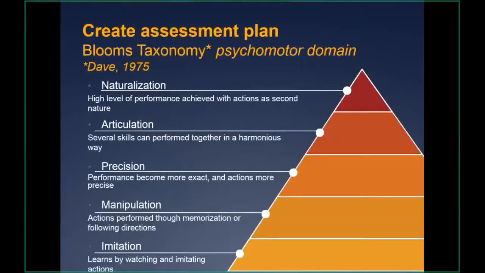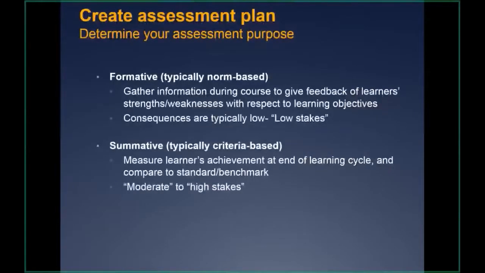And then finally, as they reach the peak of the pyramid, it becomes second nature, hence naturalization. So this gives us an idea of the range of abilities that learners can have as they develop psychomotor skills. And we want to make sure that we are assessing this range fully, depending on what your learner's abilities are in any given moment. Just wanted to be mindful of that.